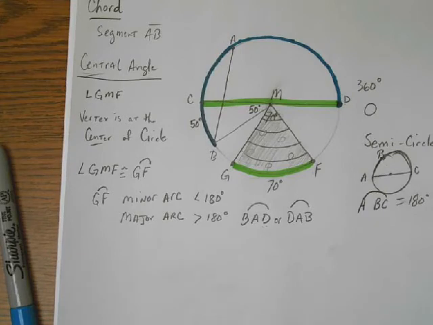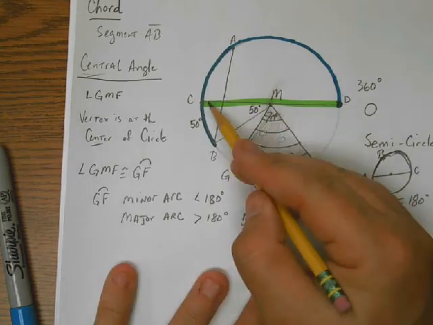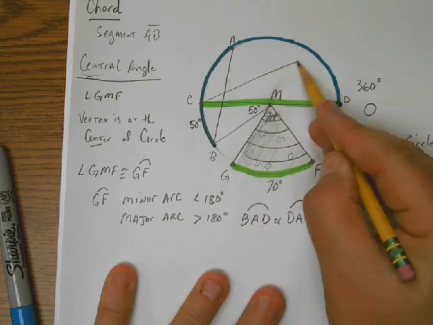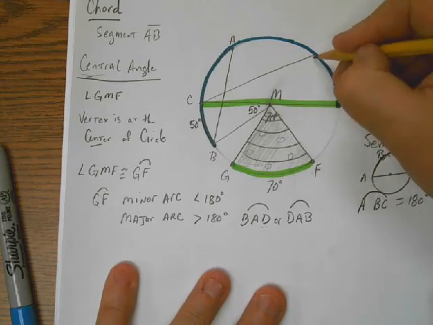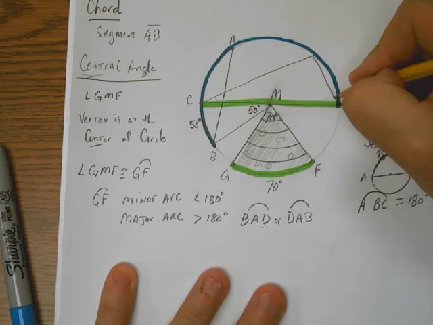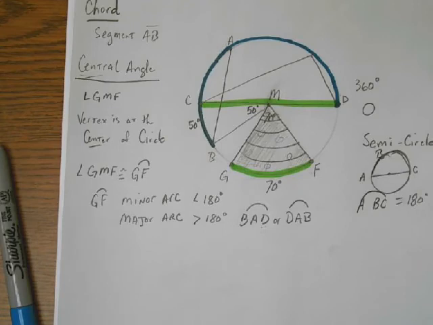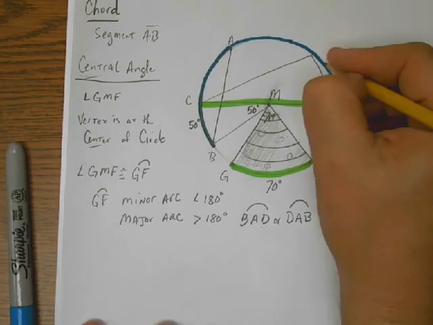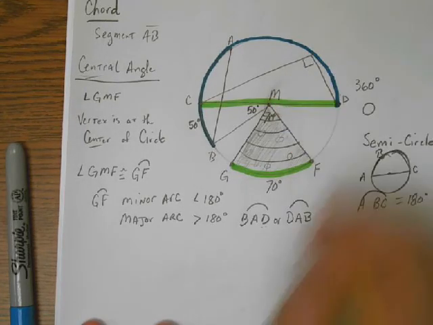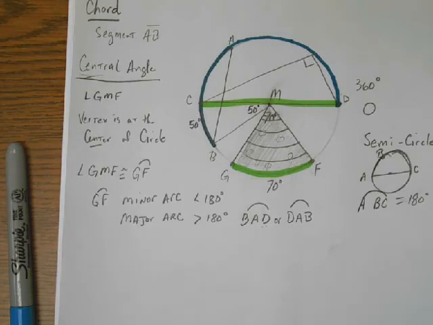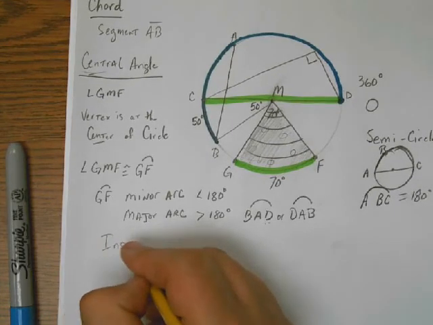Now, a couple things that's interesting about a semicircle is if I do an inscribed angle, which I haven't talked about yet, but we will. If I do an inscribed angle in a semicircle, it is 90 degrees. Always. So what is an inscribed angle?